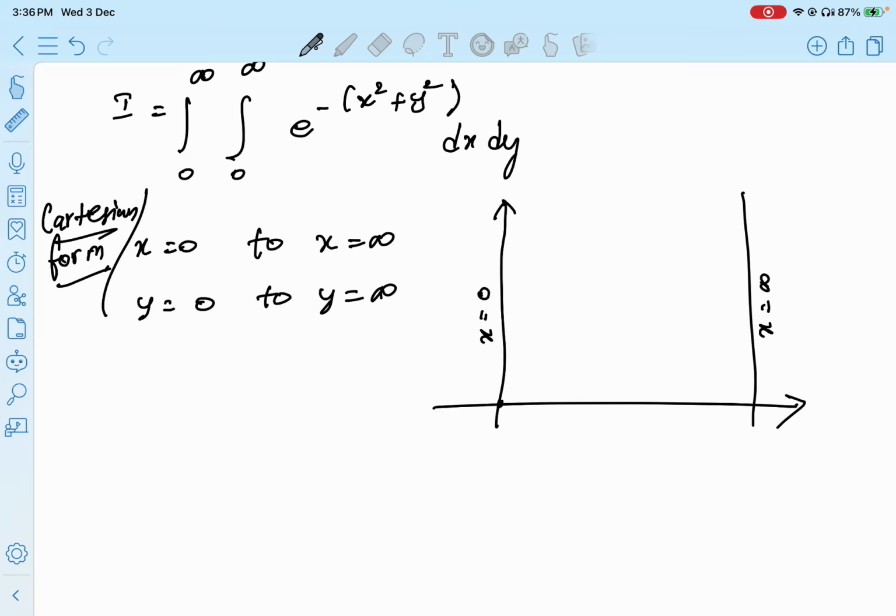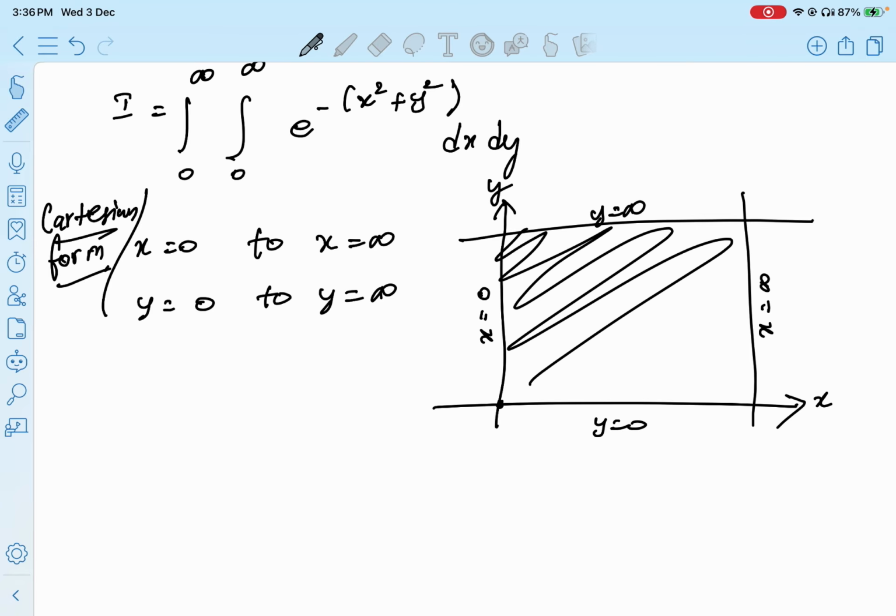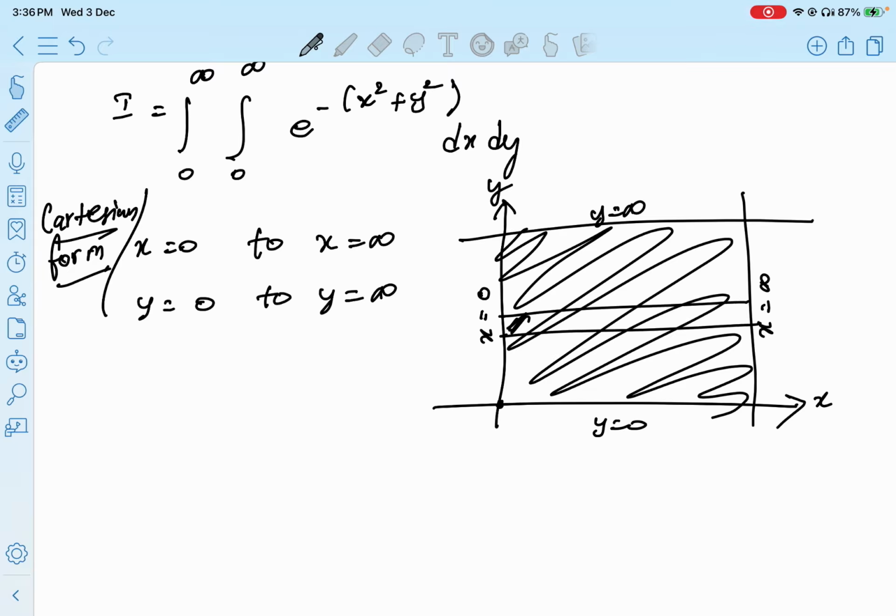So this is x equal to 0 and this is x equal to infinity, and next is y equal to 0, and y equal to infinity will approximately lie somewhere here. So these are all the shaded region we have, and this is in the Cartesian form. So we are drawing a strip.